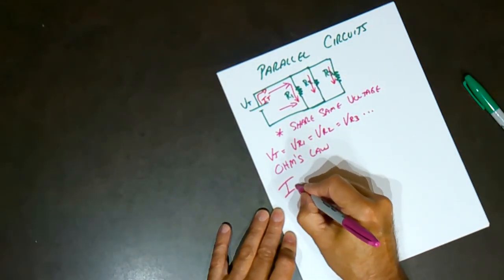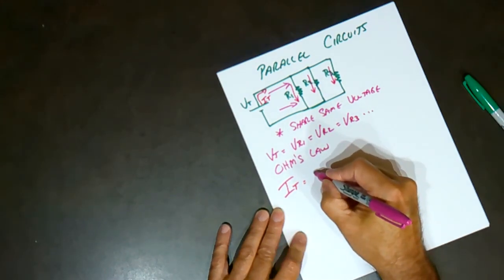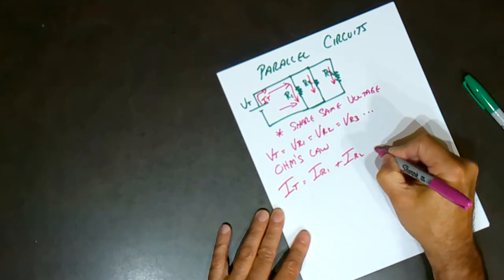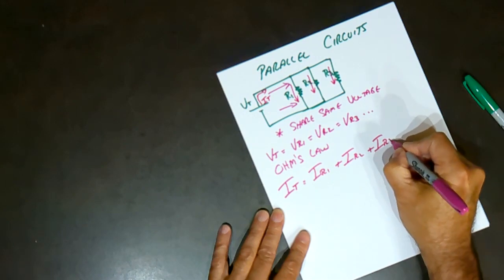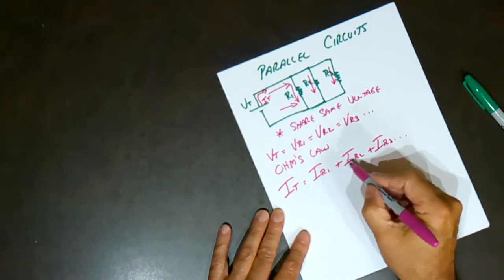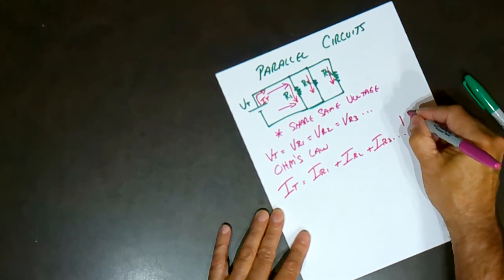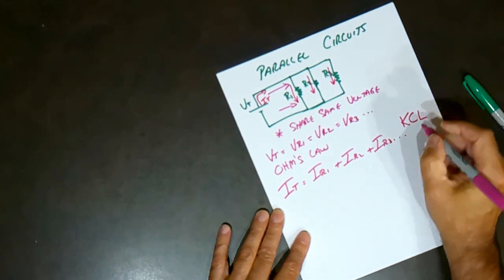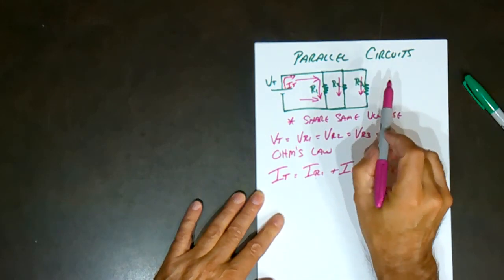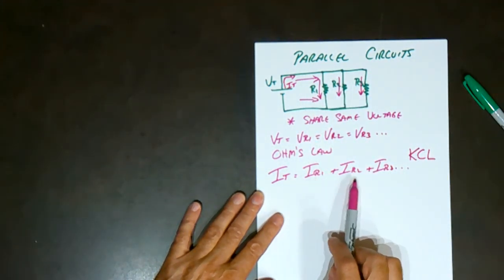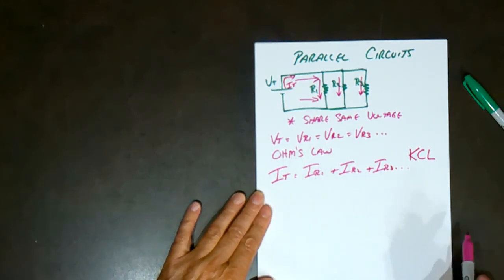So the total current is equal to the sum of all of the individual branch currents. IR1 plus IR2 plus IR3 is equal to I total, and that was Kirchhoff's current law for parallel circuits. Kirchhoff's current law for parallel circuits states that all of the individual branch currents must add up to the total.